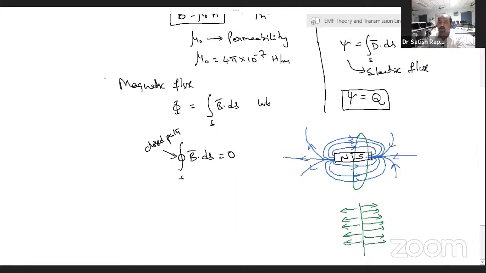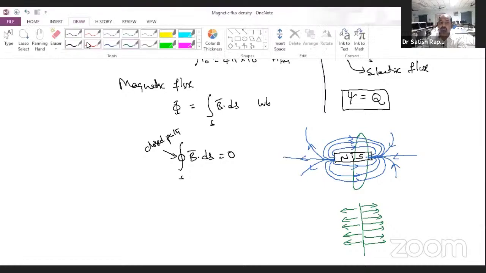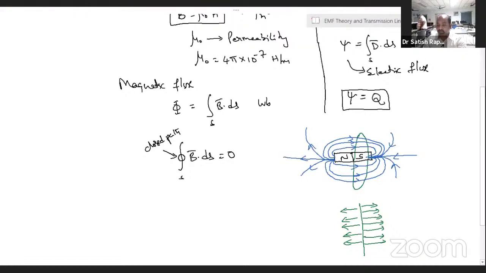So if you consider a closed surface, the flux lines are leaving through the surface, passing through, and they are not returning back. If they returned back, the total flux would become zero.